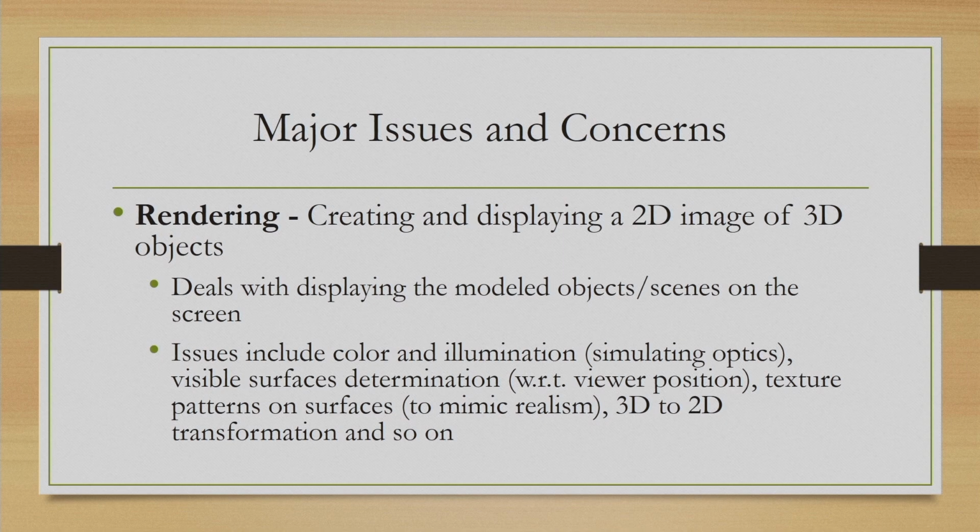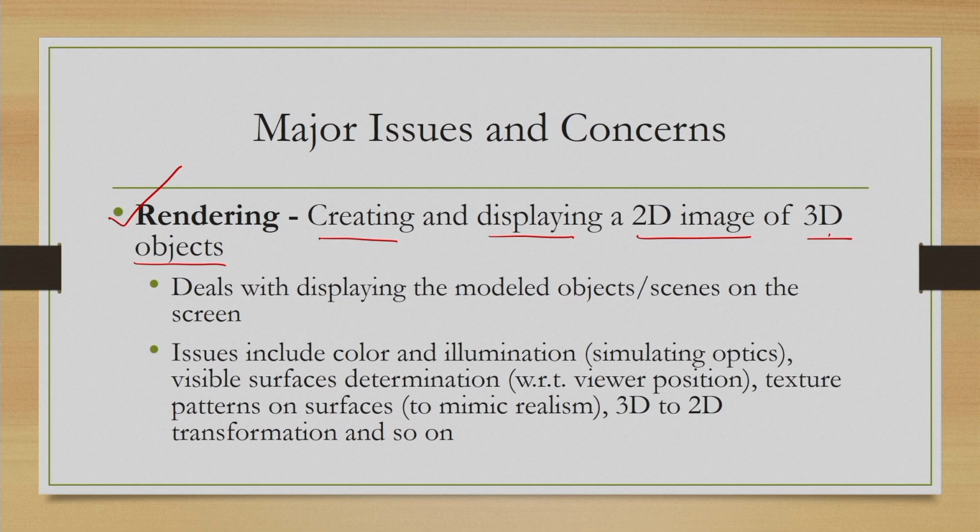The second concern is rendering, essentially creating and displaying a 2D image of the 3D objects. Why a 2D image? Because our screen is 2D. So, we have to convert the 3D objects into a 2D form.